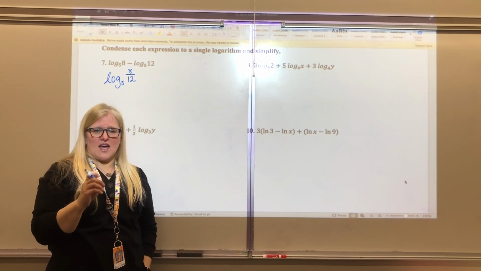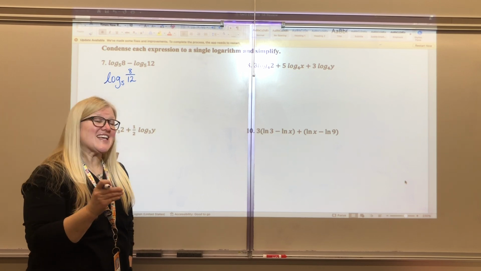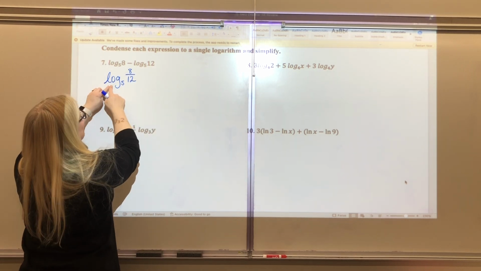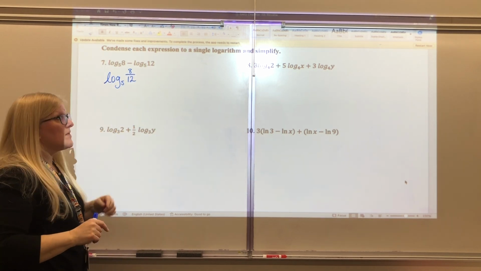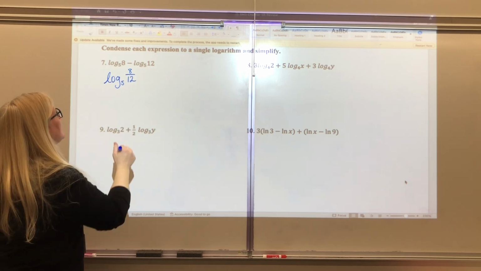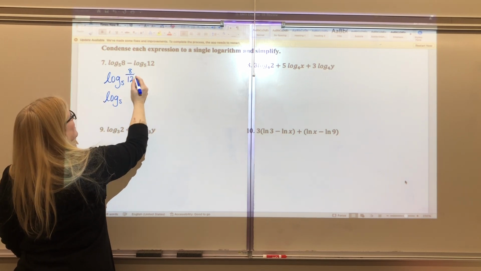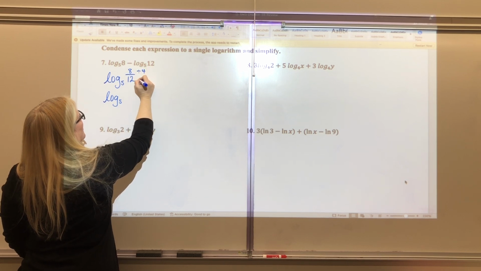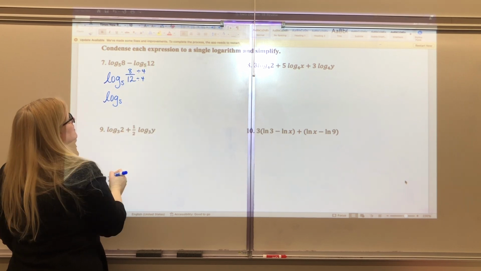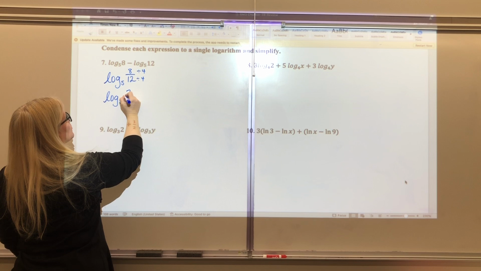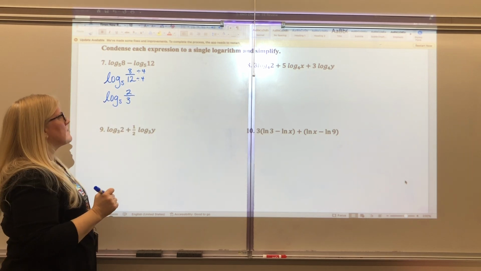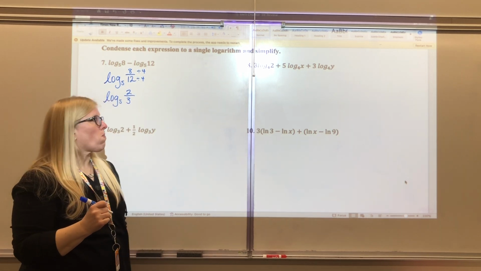Okay, that is not what we're doing. We're condensing. We've got 2 logs, we're condensing down to 1 log. Now it does say to simplify 8/12, if I divide both the numerator and the denominator by 4, then I get 2/3. So this is log base 5 of 2/3.